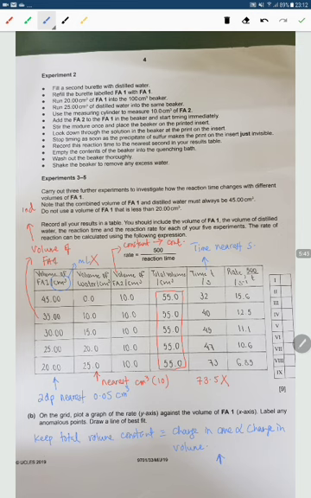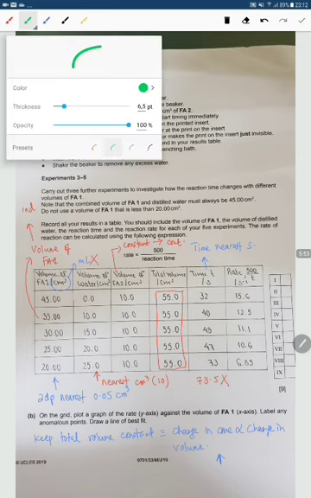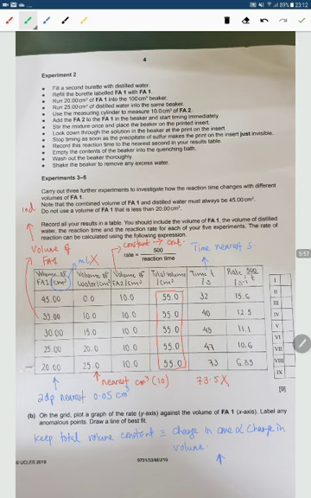Otherwise, let's assume that we take the value 20 and we take the value 45. If we don't keep total volume constant, then does it mean that by changing 20 to 45, the increase in concentration would be proportional to the increase in the volume?